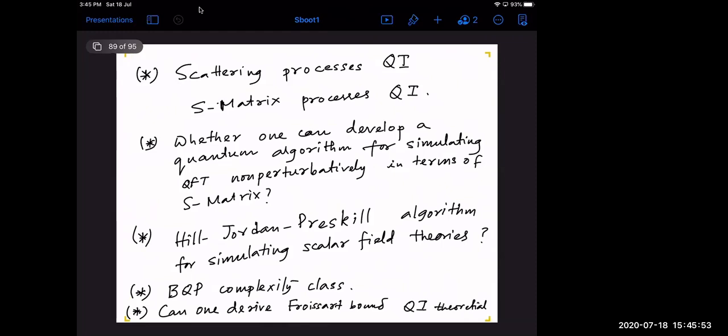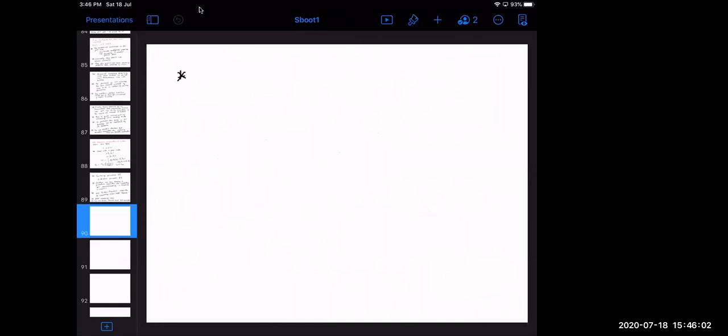And why do I suspect that such a thing can be possible is for a simple observation. So let me go to the next slide.